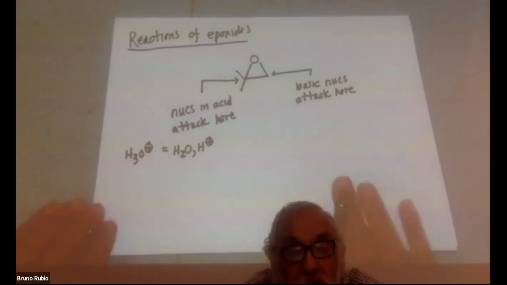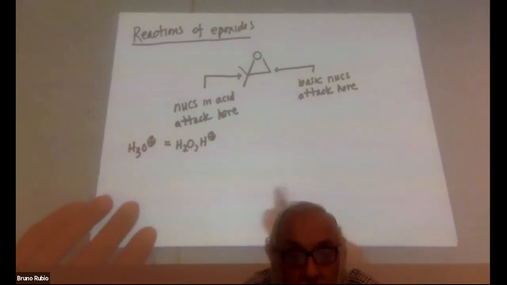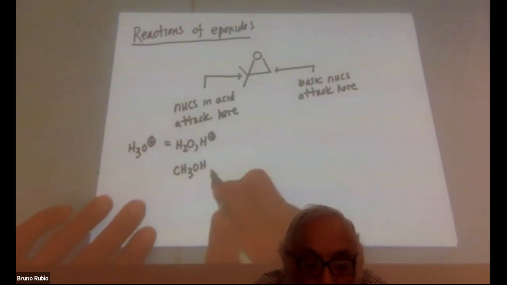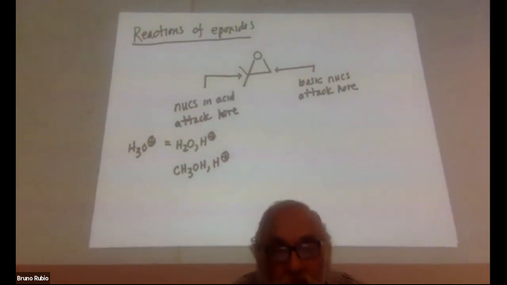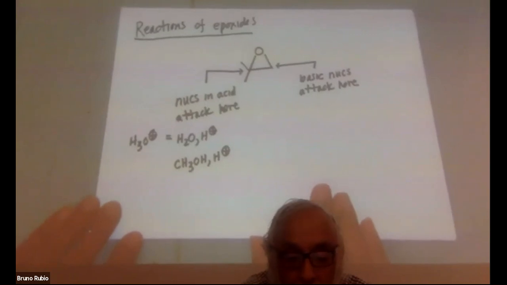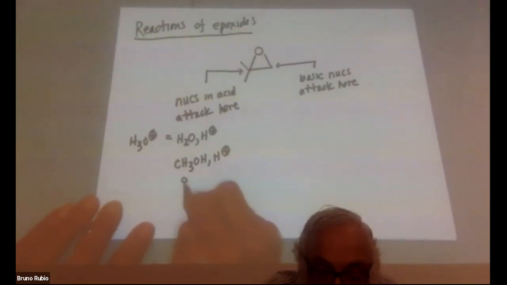Okay, so what would be another concrete example? Well, maybe it could be an alcohol. That's a nucleophile, but you're going to see H+ above and below the arrow. It's a nucleophile attacking under acidic conditions. What would be another concrete example here? Maybe something like a carboxylic acid.